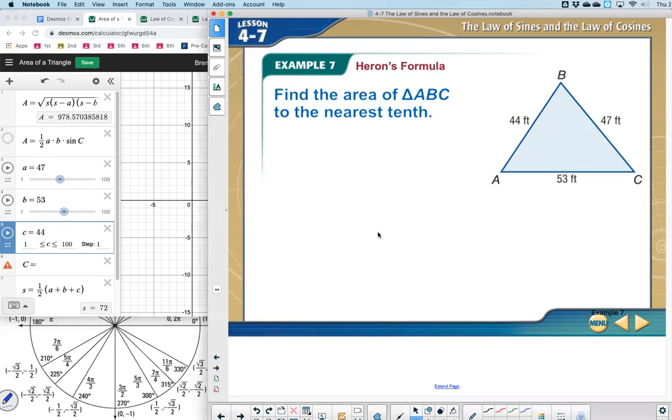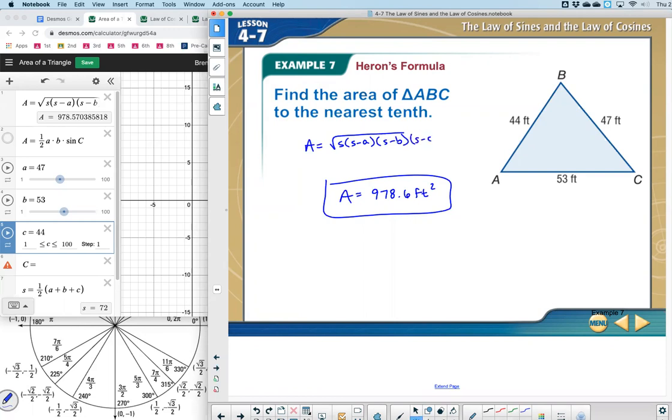The area will be 978.6 feet squared. And that's using Heron's formula, S times S minus A times S minus B times S minus C, where S equals half of A plus B plus C. There you go.